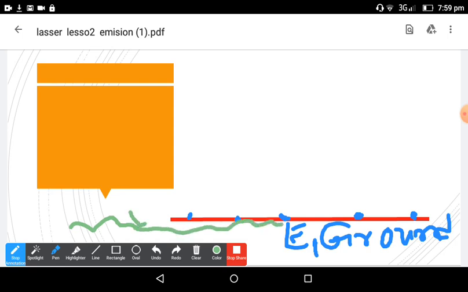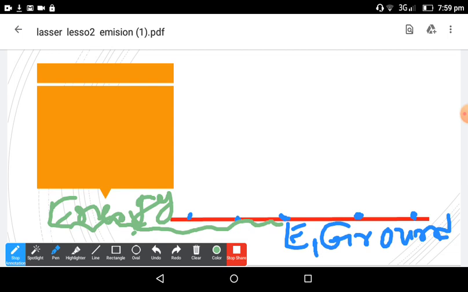So this is the external energy we have supplied. This energy is absorbed by the atoms. When the atoms absorb the energy, some of the atoms, after absorbing that, the electrons in those atoms will go to a higher energy level.